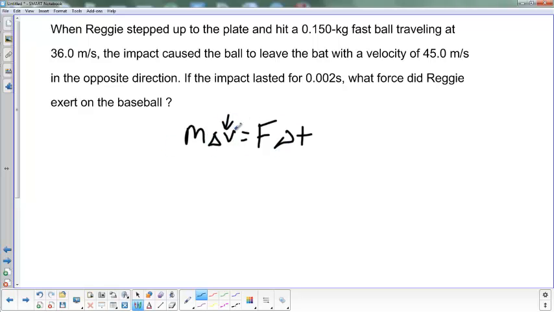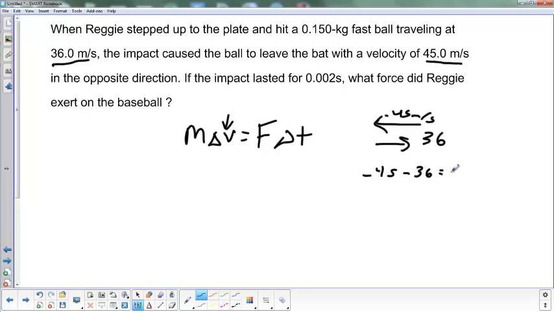But this is the big important part, because we've got something going one way at 45 meters per second and something going the other way at 36. So it comes in going at 36 meters per second, and then he hits it and it goes that way at 45 meters per second. Anytime you're going to figure out the change in velocity, it's the final minus the initial. So the final is 45, and let's say that's to the left, so negative 45 minus the initial, which is 36.